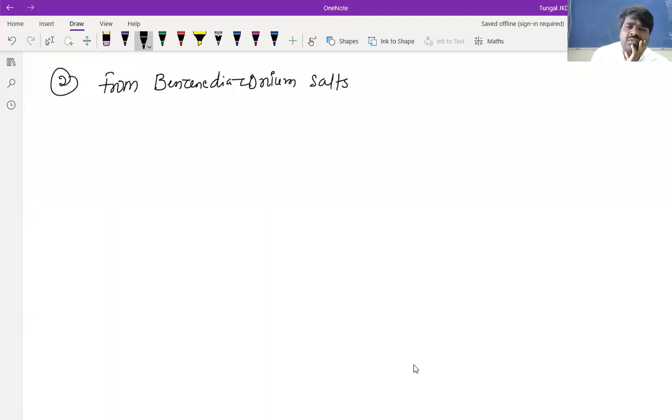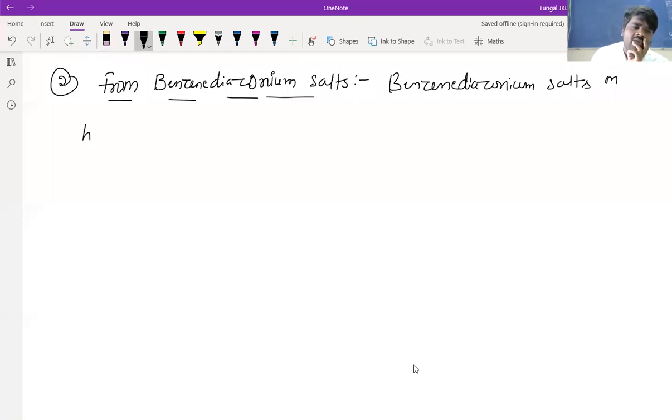Benzene diazonium salts on hydrolysis form phenol, beta. So what is this benzene diazonium salt?